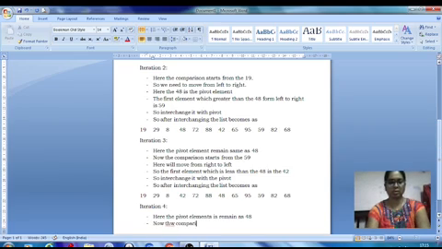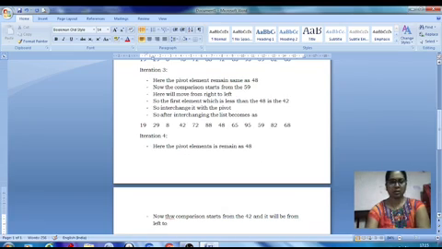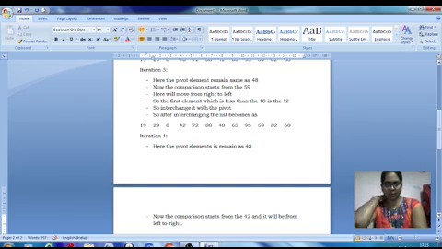The comparison starts from 42, and it will be from left to right.